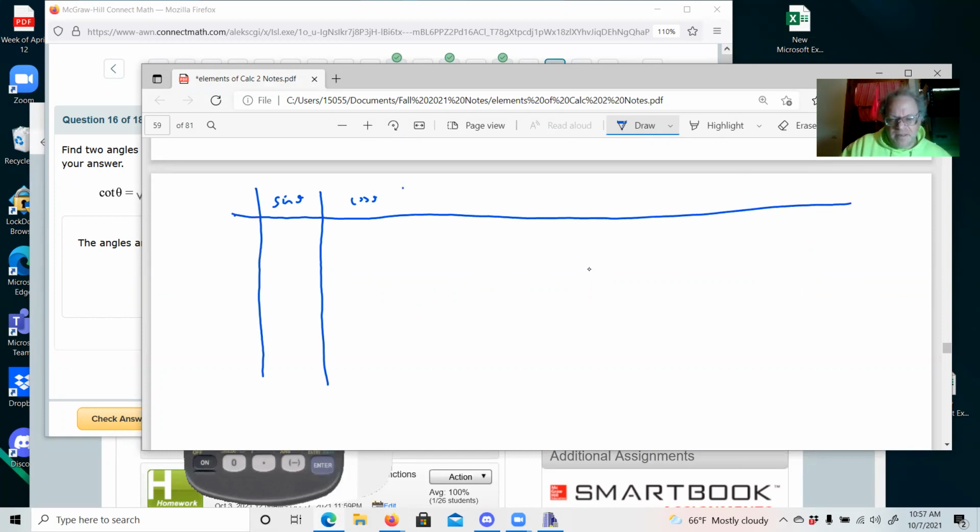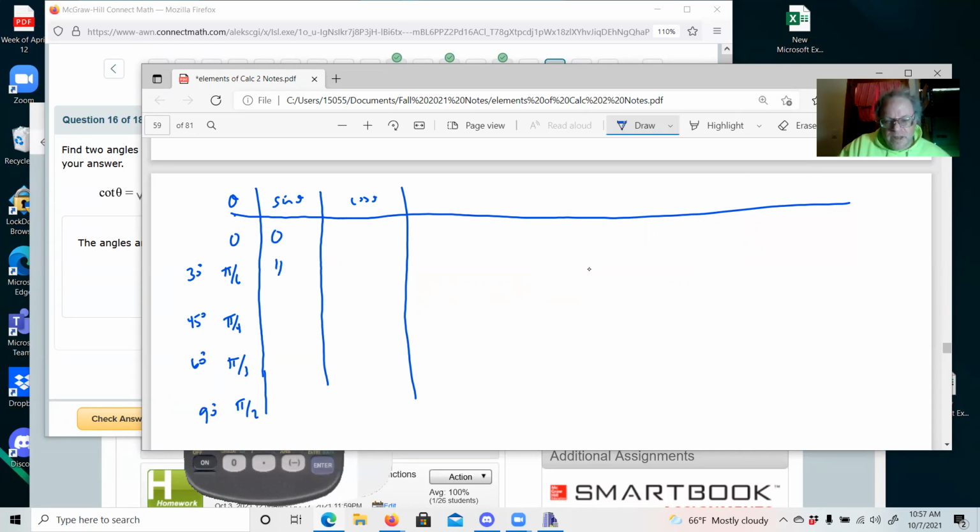Okay, so angle. So we have 0, pi over 6, pi over 4, pi over 3, pi over 2. So remember, this is 30 degrees, 45, 60, 90. Okay, sine is 0, 1/2, square root of 2 over 2, square root of 3 over 2, and 1.